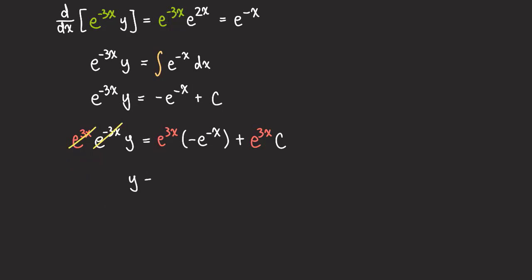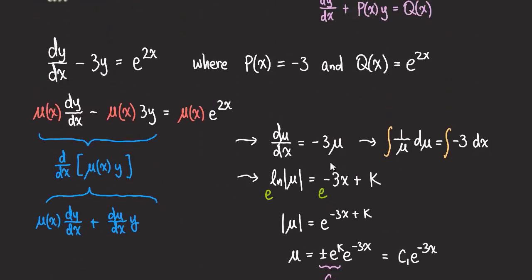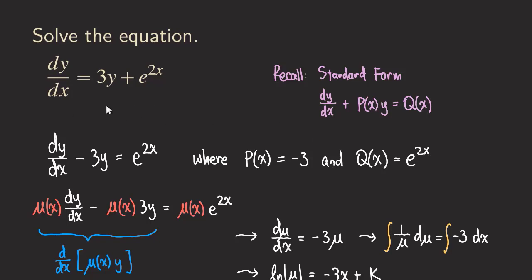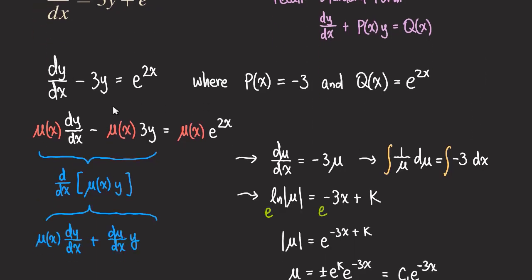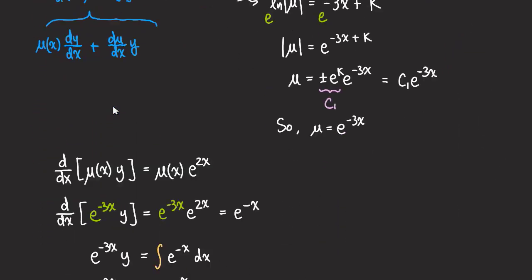So we get y is equal to, there is a negative one here as the coefficient, and then e to the 3x times e to the negative x, we get negative e to the 2x plus c e to the 3x. And then we have the final answer. So that's the solution to this equation that we have here.